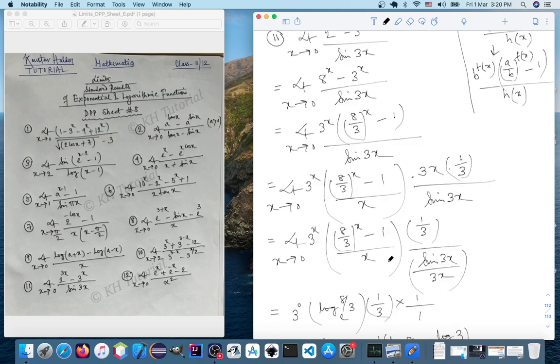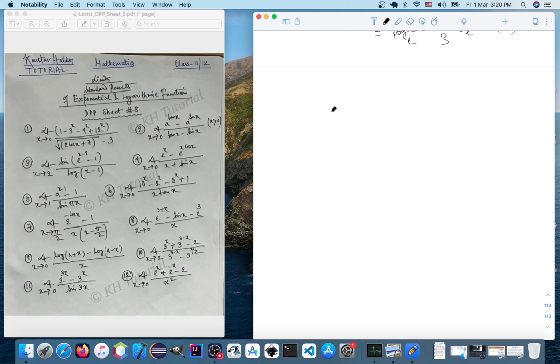Okay, the final problem. Limit x tending to 0, e to the power x plus e to the power minus x minus 2, divided by x square. Clearly we can see that e to the power x plus e to the power minus x minus 2.